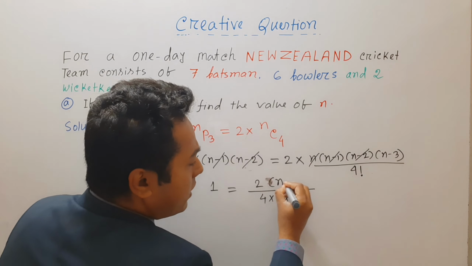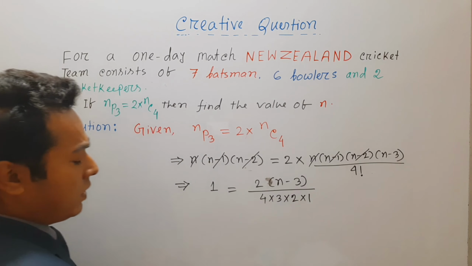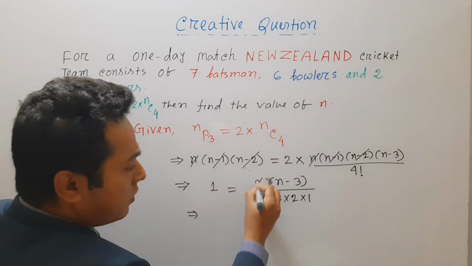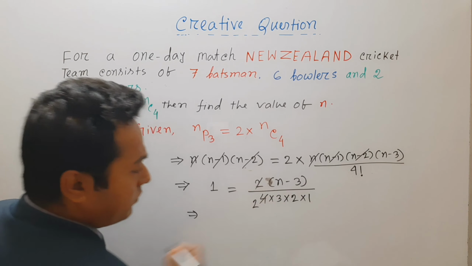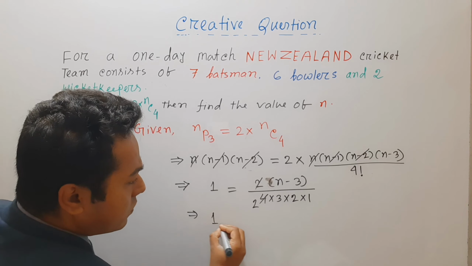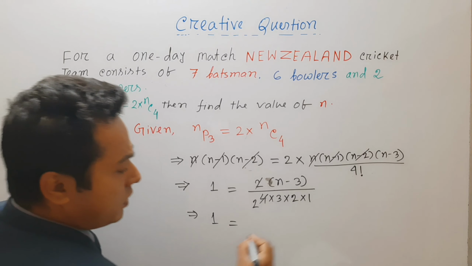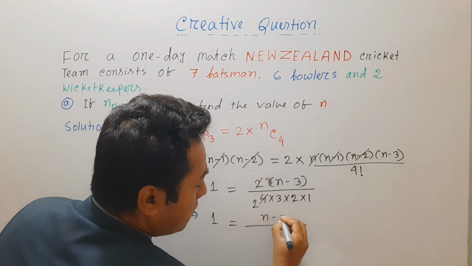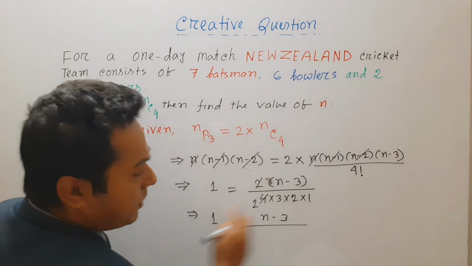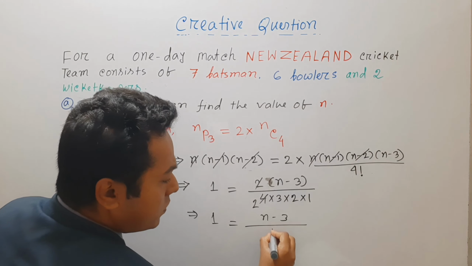So this is 2 and 1 is equal to n minus 3, and the multiplication of this is equal to 12.